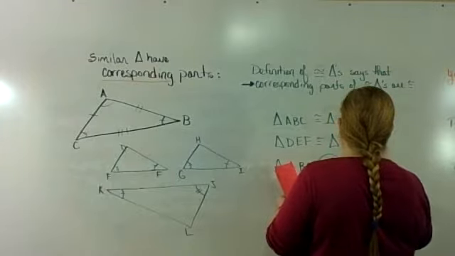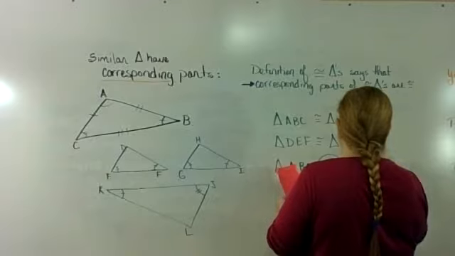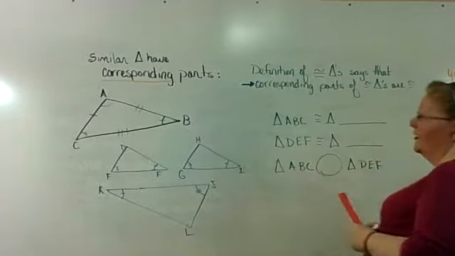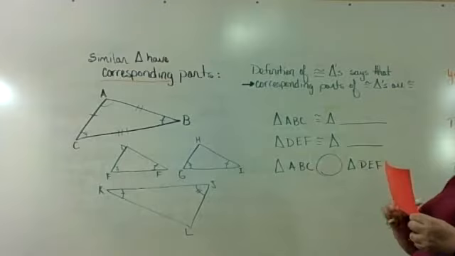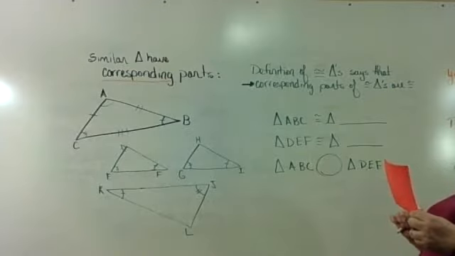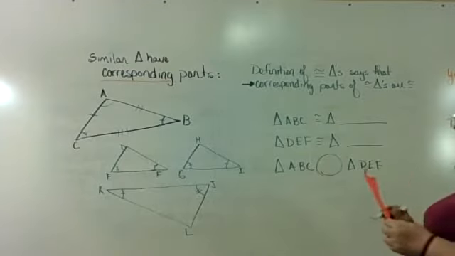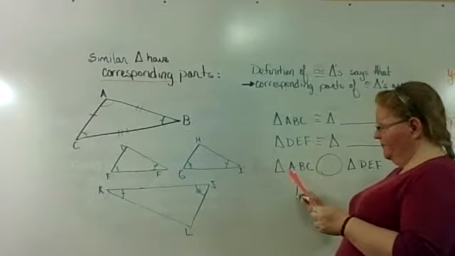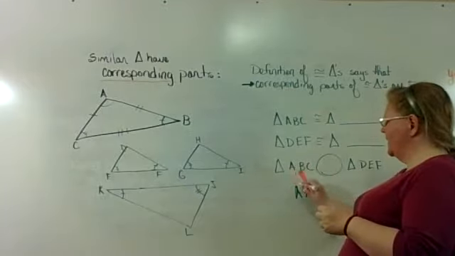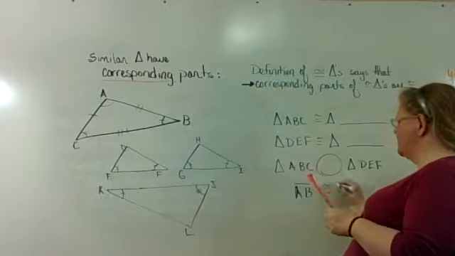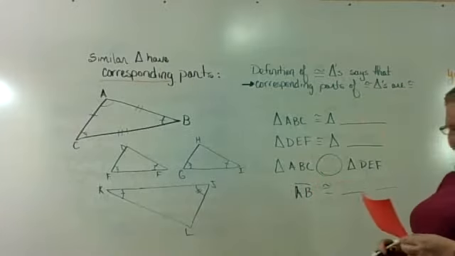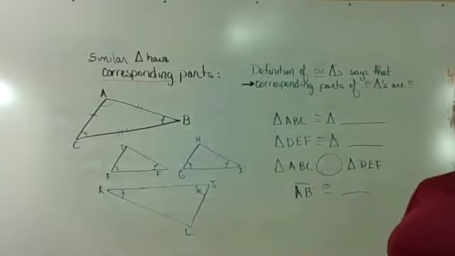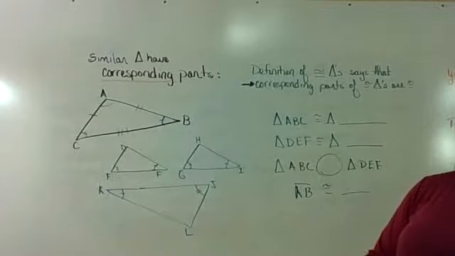Hold on. I changed my stuff up here. And then one more. Side AB is congruent to what side? Okay, pause it for a second. Go ahead and do those four. Let's see how you do.